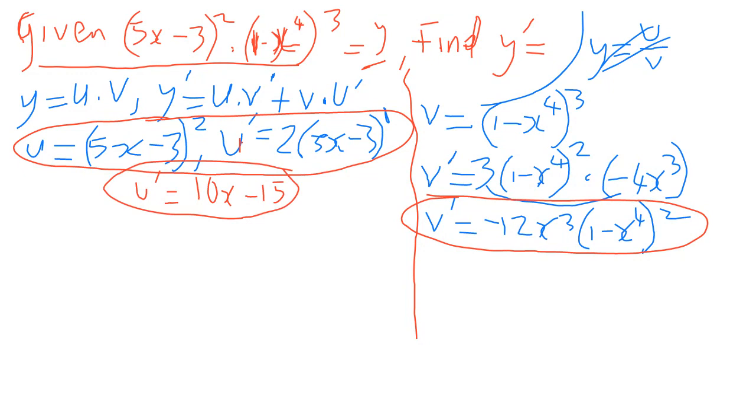All right, so now I'm about to substitute all my answers in here. So my y prime, which is the derivative, is now, I want you to remember that my u is equal to (5x minus 3) squared. So I'll bring down (5x minus 3) squared, multiplied by the derivative of v.